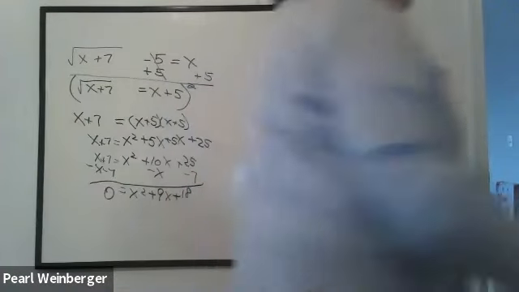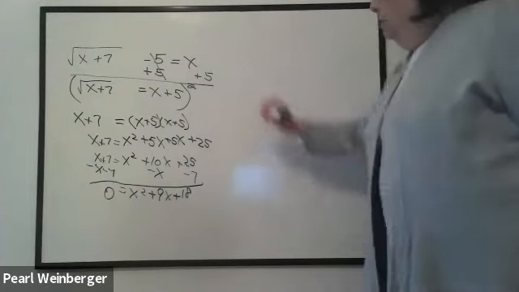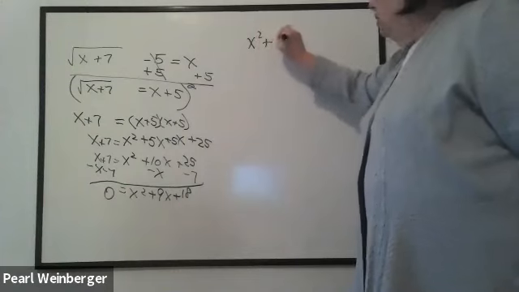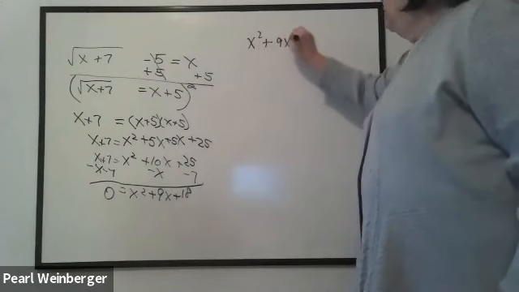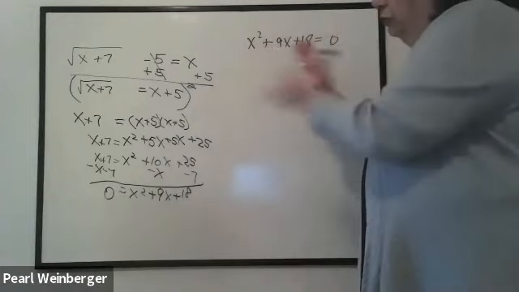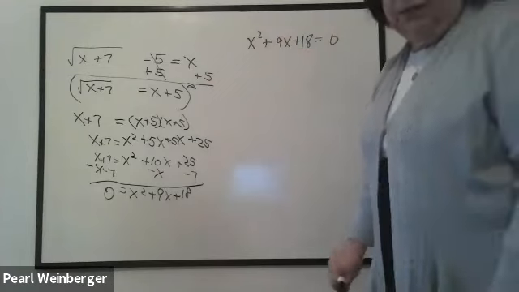Okay, let's move over here, finish this up. I'm going to rewrite it as x squared plus 9x plus 18 equals 0. It doesn't matter. You could always switch it around. It just looks more regular this way.